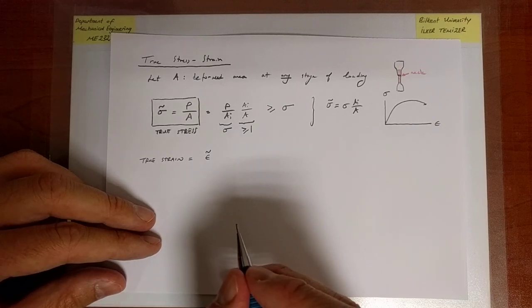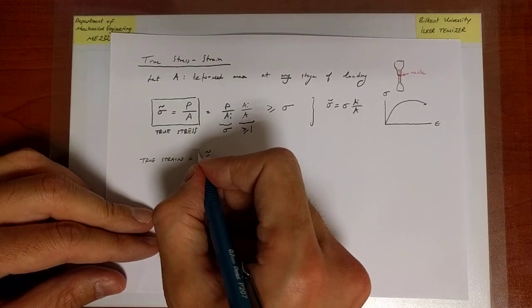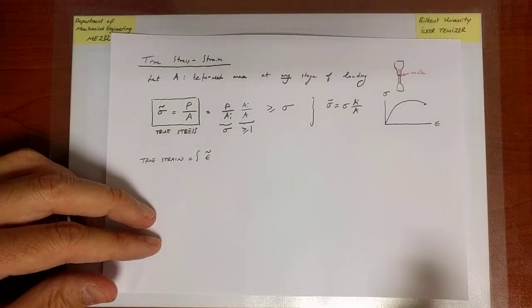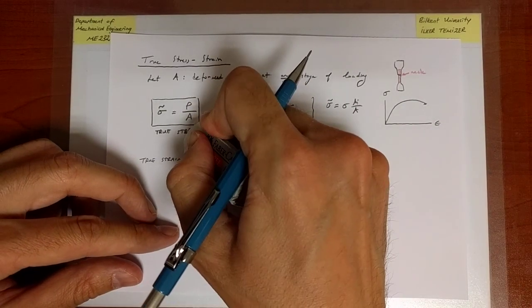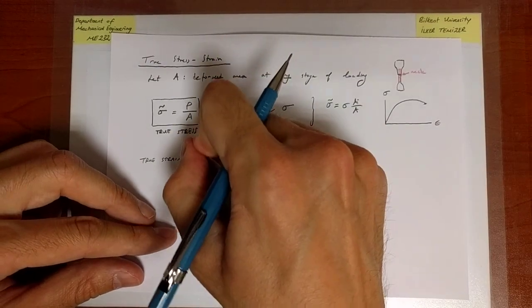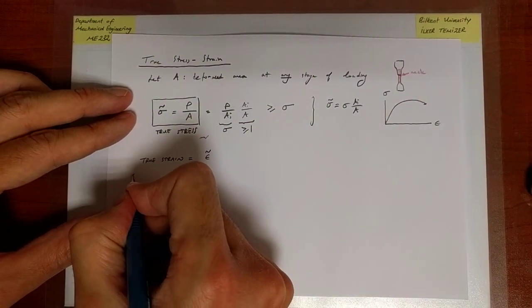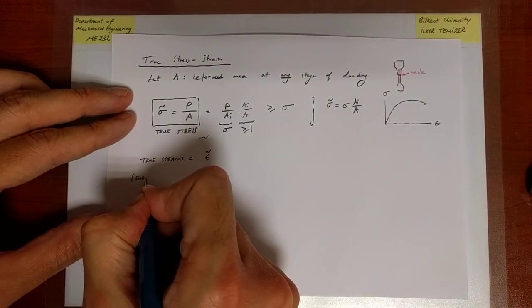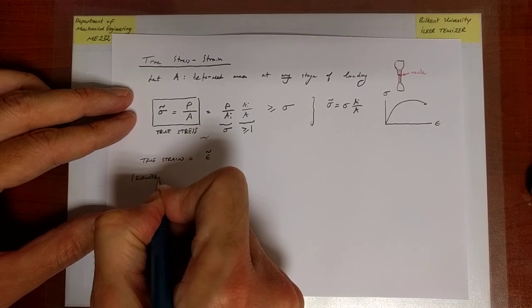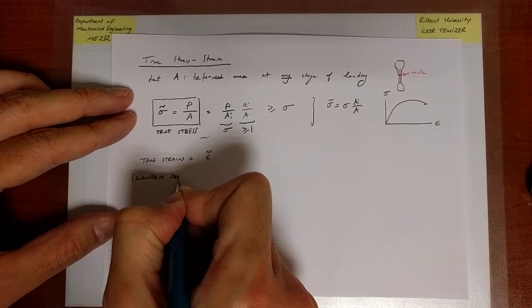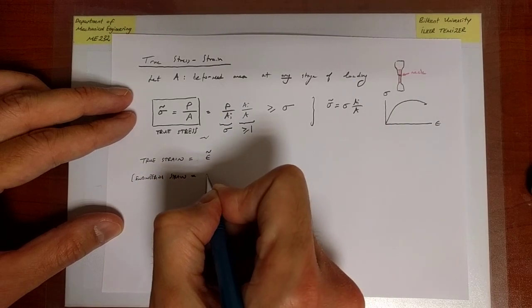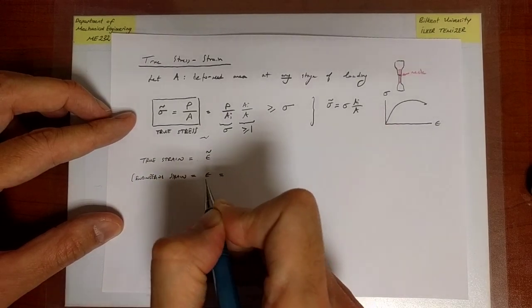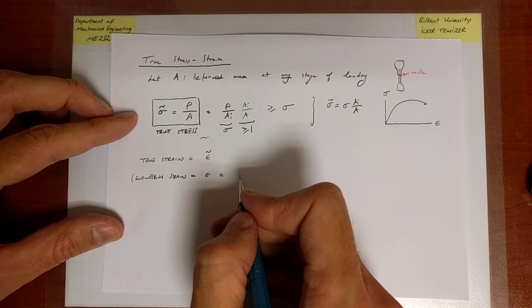Before we define that, let us first recall the engineering strain. Now, the engineering strain, epsilon, is defined as follows.